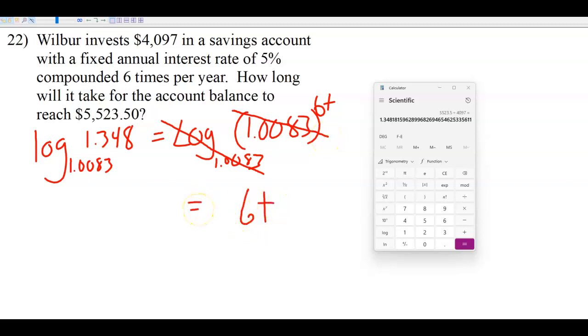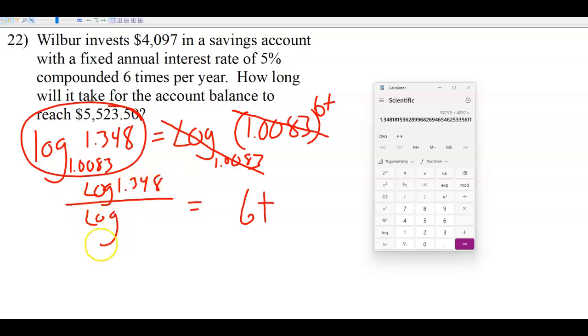On the left side of my equation, we need to do this on our calculator using the change of base. So it's going to be log of 1.348 over log of 1.0083. And we'll go ahead and punch that into our calculator now.